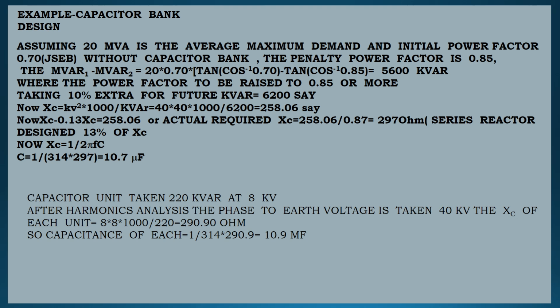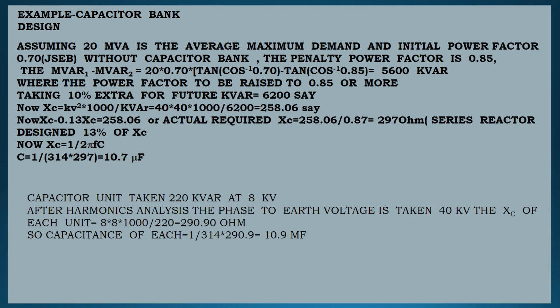We have done it here, and it is showing 5600 kVAr. We are taking 10% extra for future growth, so multiply it with 1.1 for a 10% increase. It will show 6200 kVAr.